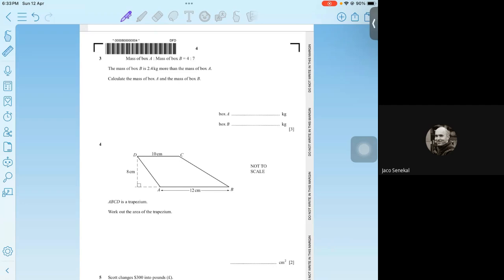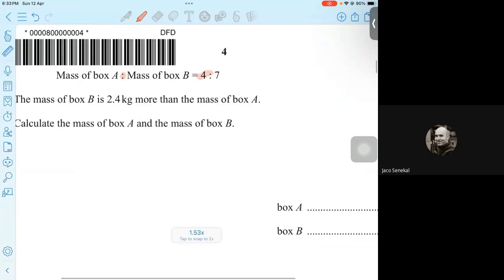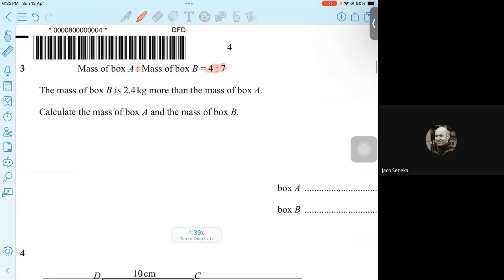Sorry, my apologies. Okay, the next question is a ratio question. The mass of box A is given in a ratio with box B of 4:7. The mass of box B is 2.4 kg more than the mass of box A, right? That basically means you have box A, which is a specified mass, and box B, which is another mass.